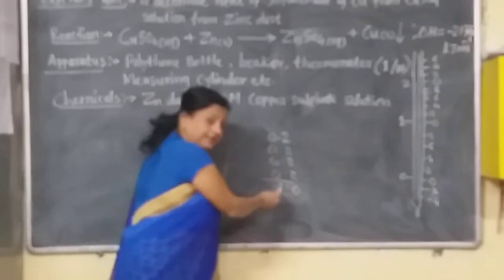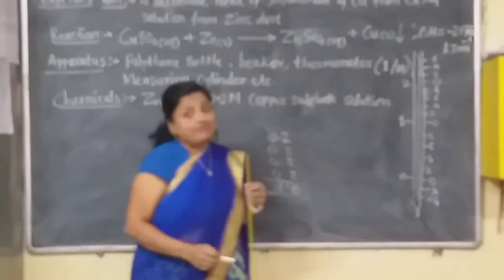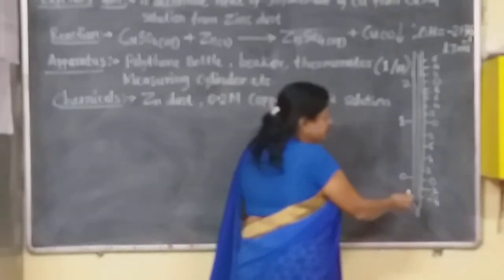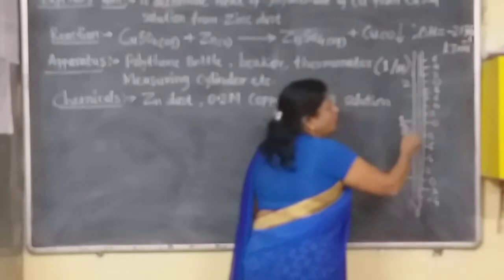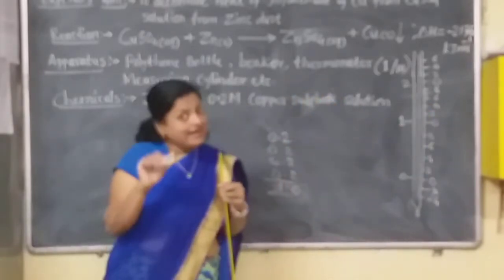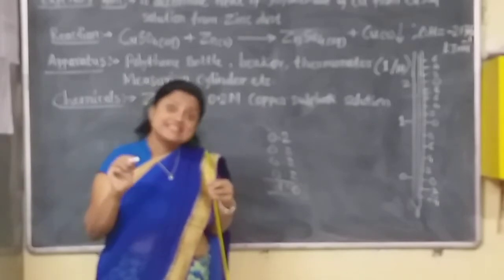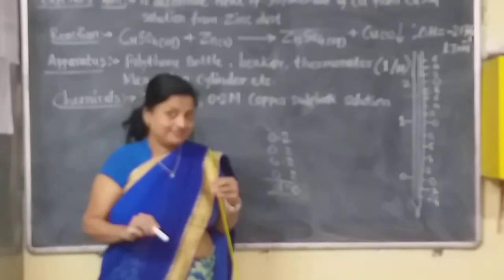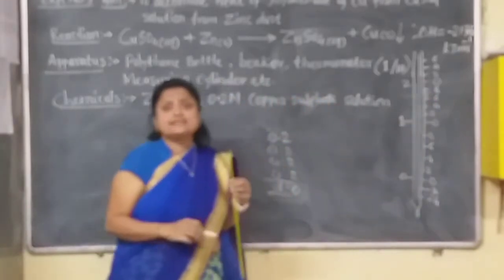So above 6, plus 1, is 7. If the temperature is above 10, up to the fifth line between 6 and 8, the temperature is 17 degrees centigrade. If it is at 8, that is 18 degrees centigrade.